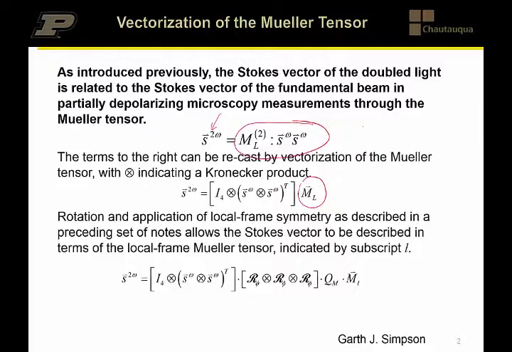This is a review. From the discussion relating the laboratory frame to the local frame, we can substitute all of this in for the laboratory frame response. Here we're taking advantage of the fact that we're rotating the local reference frame relative to the laboratory frame to take advantage of local frame symmetry, populating the full set of 64 elements by the symmetry matrix from the smaller subset that are unique and non-zero.